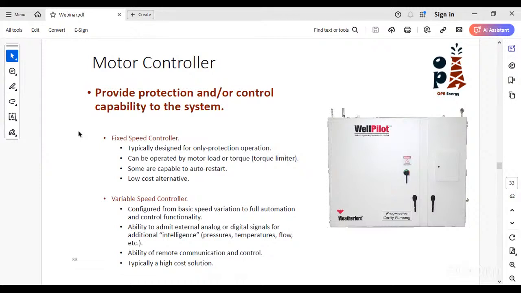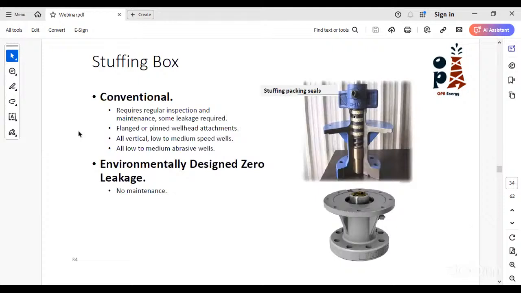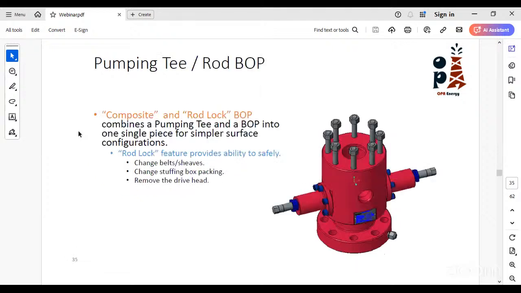And this is, of course, for all the artificial lift methods, not just for the PCP system. The other components in the surface equipment of the PCP is a stuffing box, and you have talked a lot about the stuffing box and its importance in our PCP application.